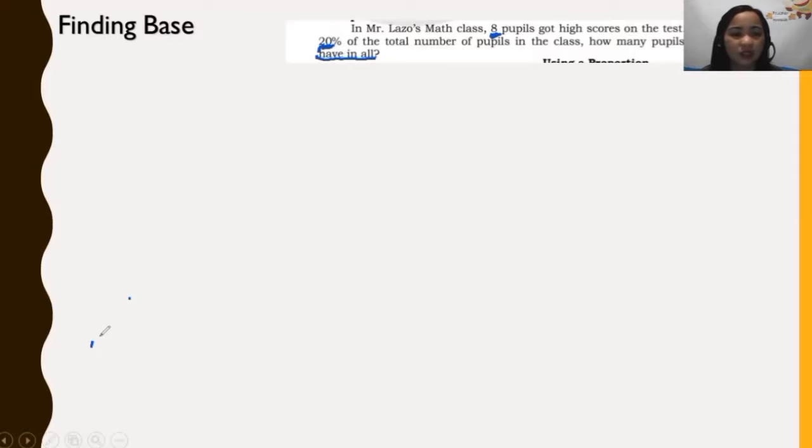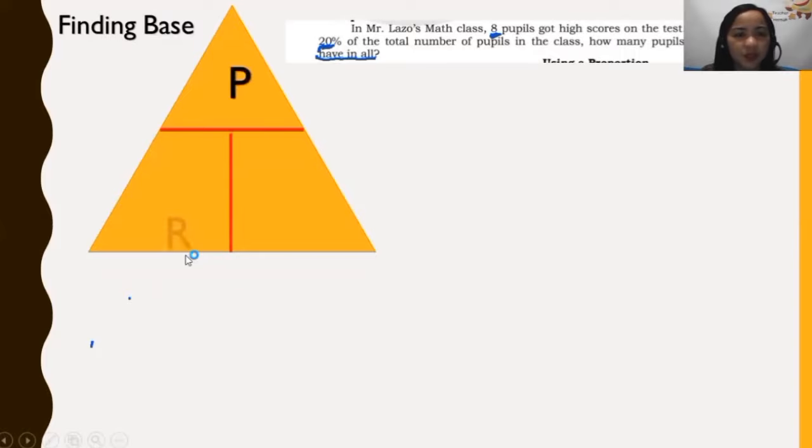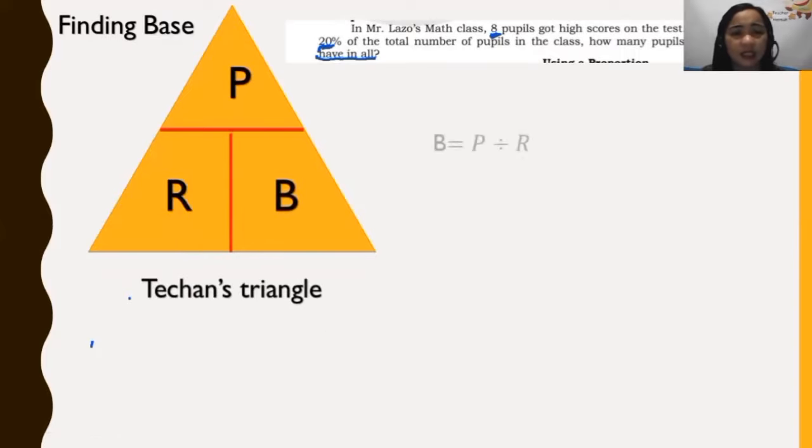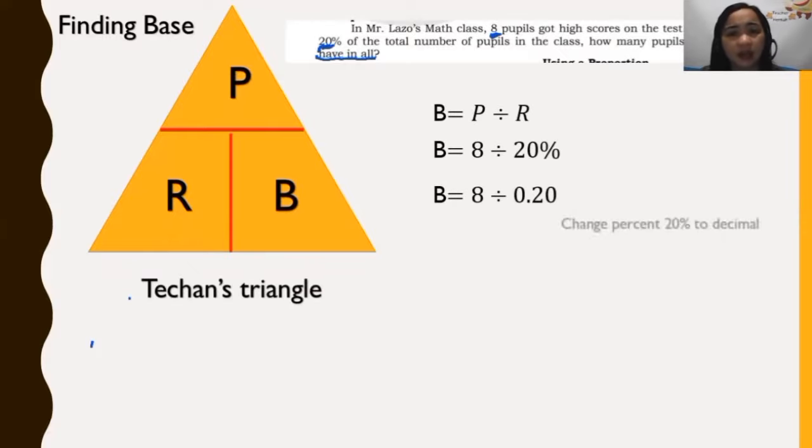Now, let us solve this problem by using the triangle. So, if we are looking for base, what remains is percentage and rate. That is, base is equal to percentage divided by rate.